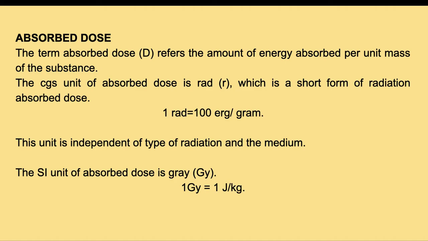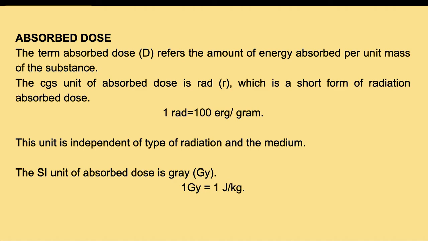And the unit is independent of the type of radiation and the medium. The definition of roentgen was based on air and on particles like X-rays and gamma rays. But here there is no specific mention of medium. Any medium will absorb, and also any type of radiation.